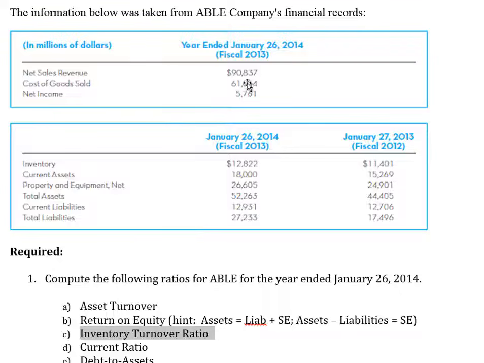It's right here, 61,054, and we're going to divide it by our average inventory. So again, we're going to take our ending inventory at the end of fiscal 2012 and add it to our inventory for fiscal 2013. We add the opening and the ending and divide by 2 to get our average.